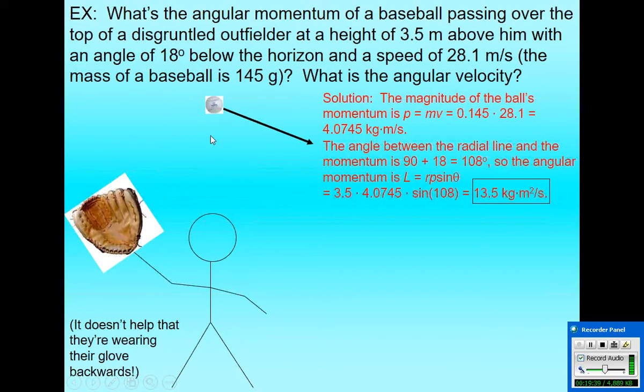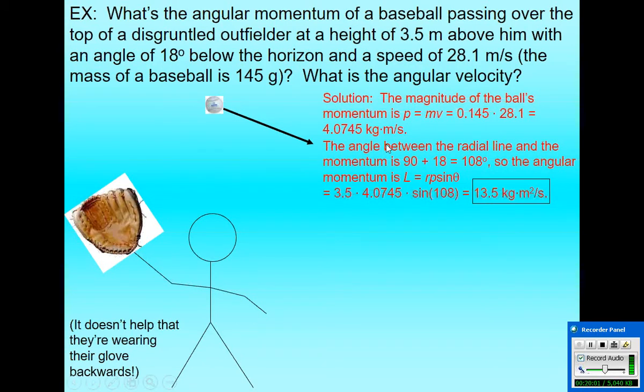The angle between this straight up radial line and the direction of the velocity: from straight up to horizontal is 90 degrees, and the angle from horizontal to this velocity is another 18 degrees. So the angle is 108 degrees.